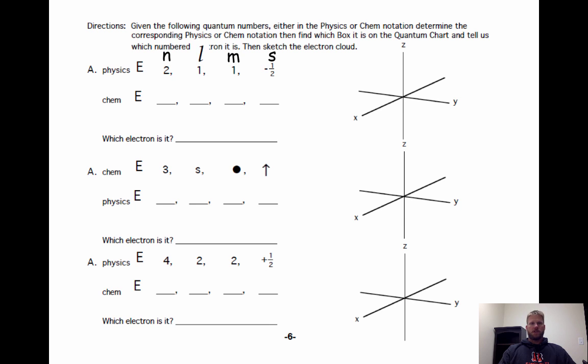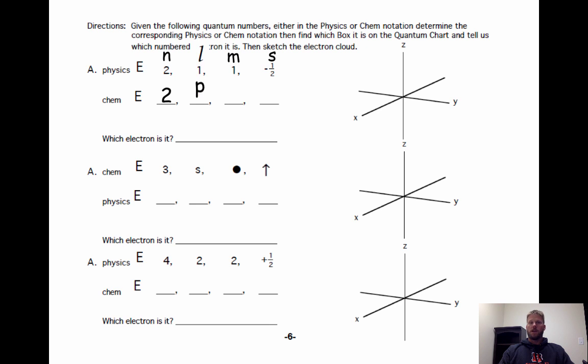And now it's just a tutorial about how to use your quantum chart. So if N equals 2, well, the chemistry notation for N is just the same as the physics notation. It's just the same number. If L equals 1, remember L equals 0 is an s orbital, L equals 1 is a p orbital, L equals 2 is a d orbital, and L equals 3 is an f orbital.